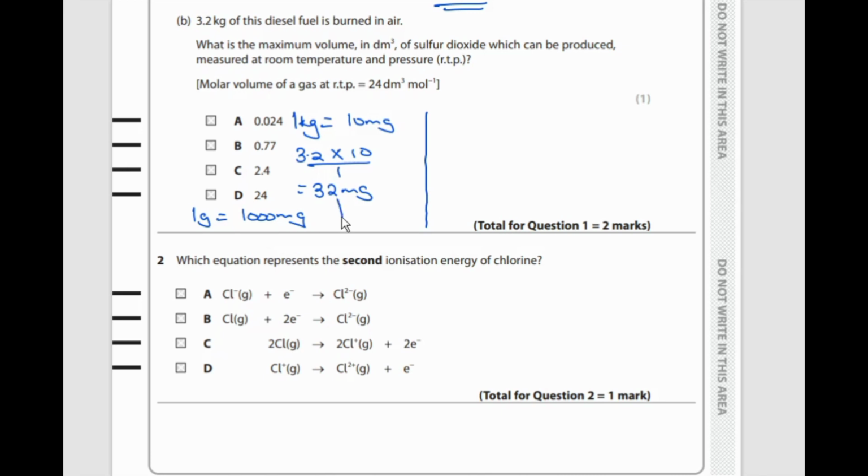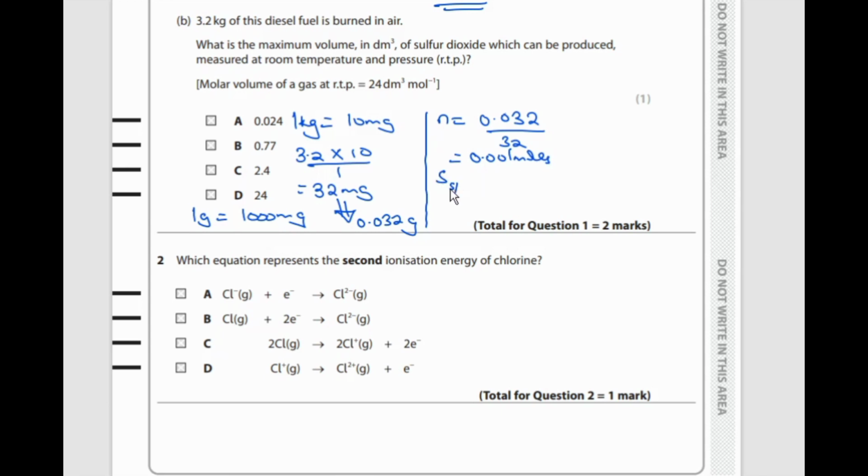Therefore, 32 milligrams converted to grams will give us 0.032 grams. Now, number of moles of sulfur will be mass over relative atomic mass, which is 32. That will give us 0.001 moles.